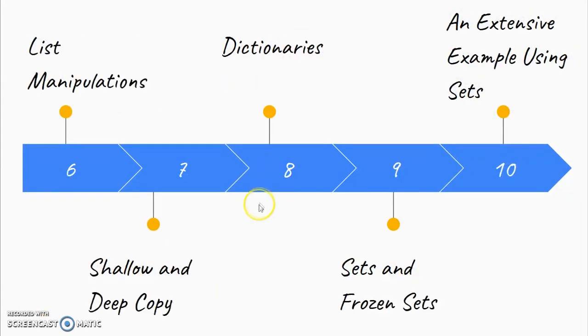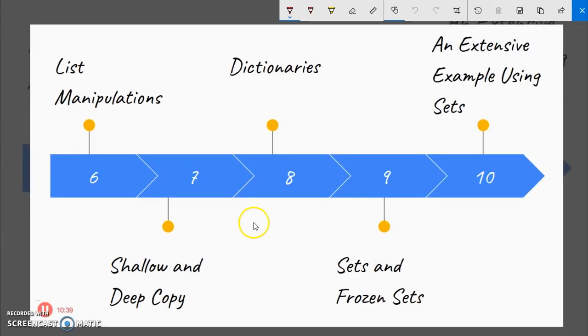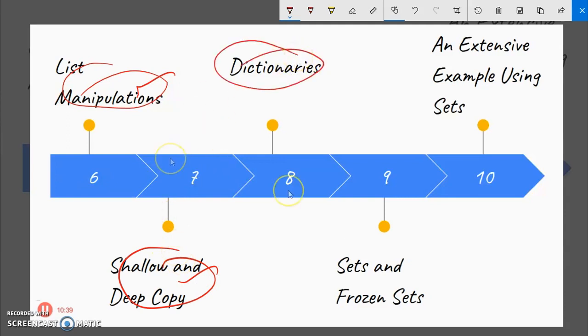Now after that we will learn about list manipulation, then shallow and deep copy. Then we will learn about dictionaries. I think you must be aware of dictionaries, where we have keys and corresponding values.